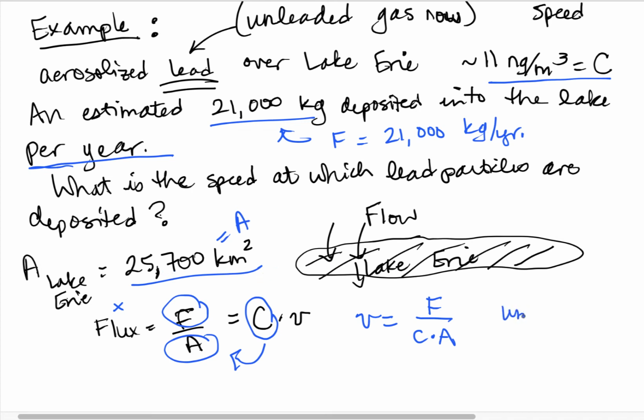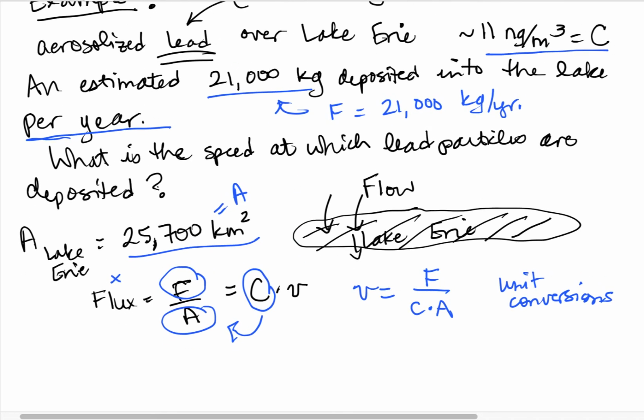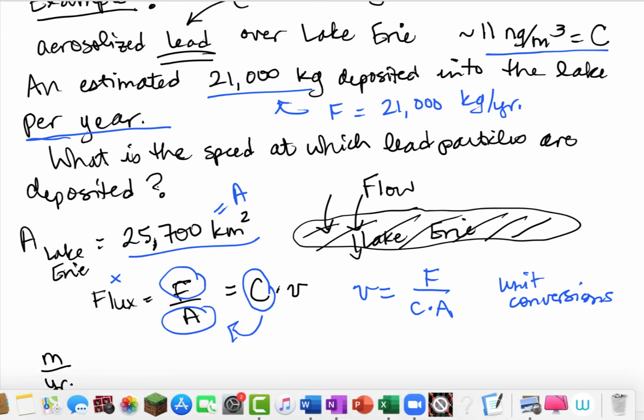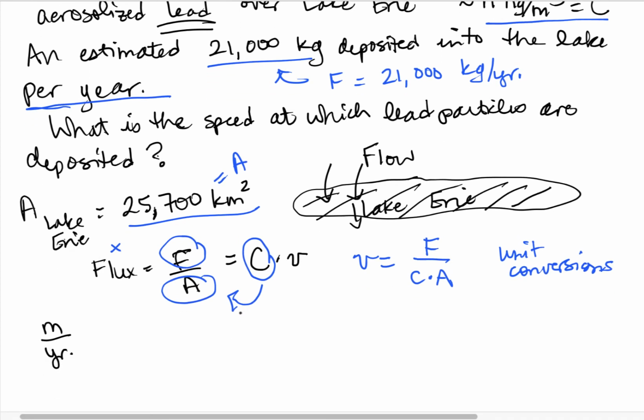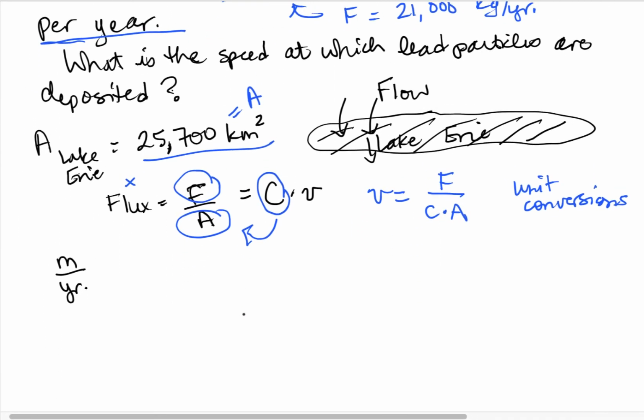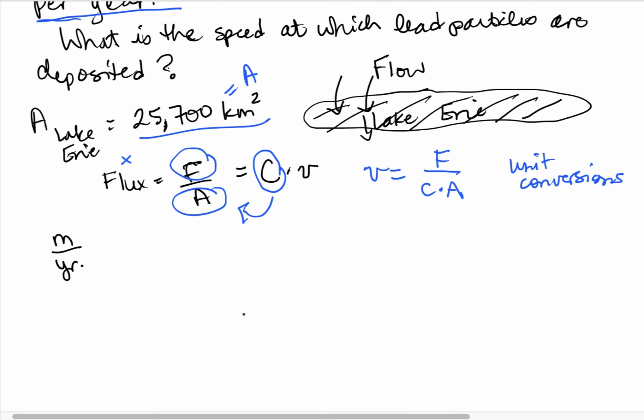Do your unit conversions. And let's all head toward units. Well, I guess the most sensible unit first would be in meters per year. That's probably the easiest one for us to get to. All right, so pause the video, take your time with this unit conversion, and then come back together in a moment.